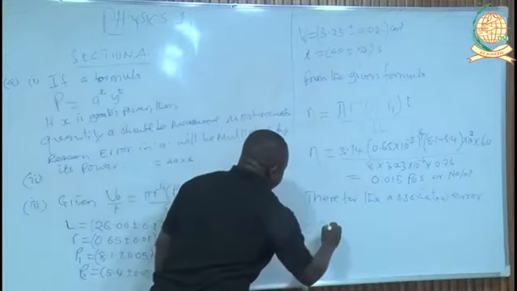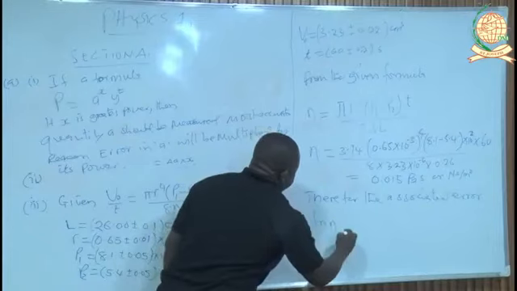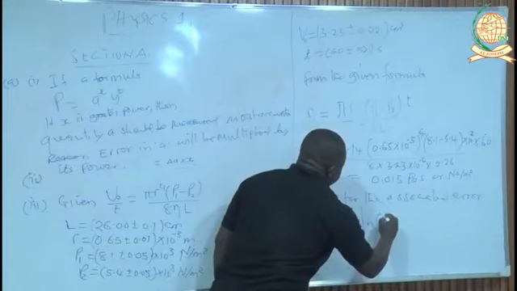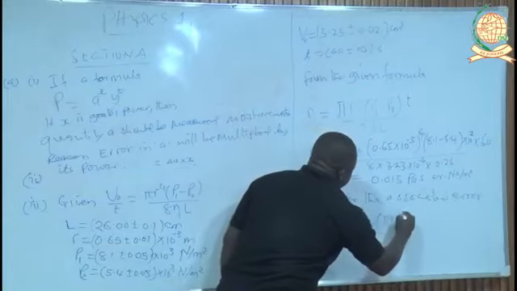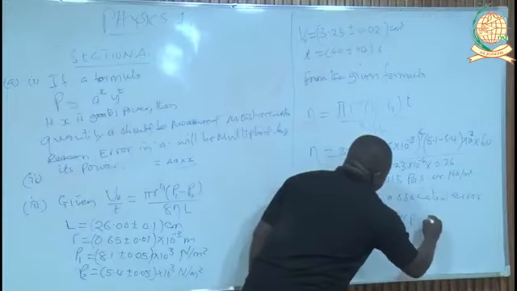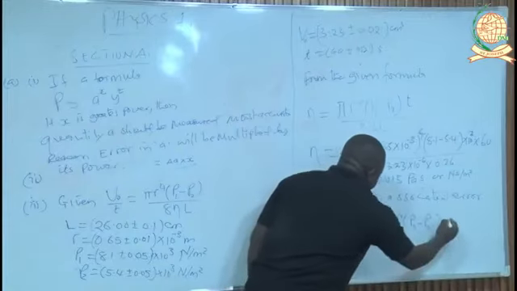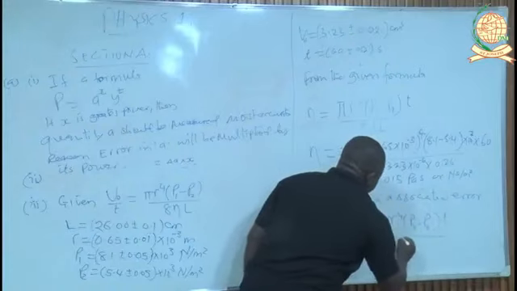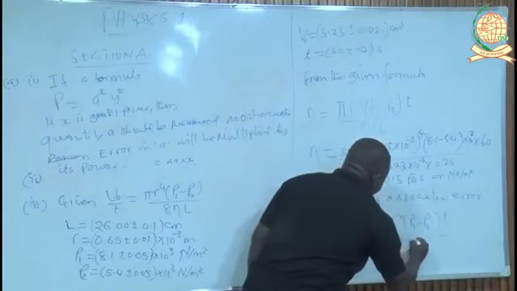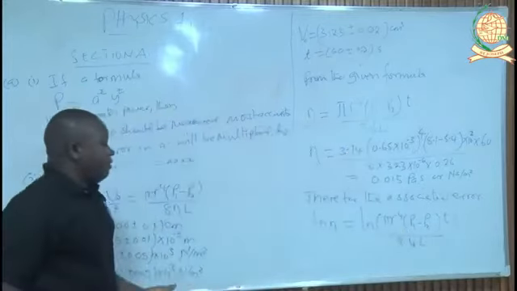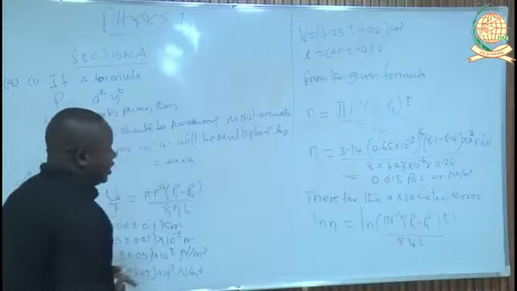That means natural log of eta equals natural log of pi R to the power 4 (P1 minus P2) times time over 8 V L. From here you simplify your equation.